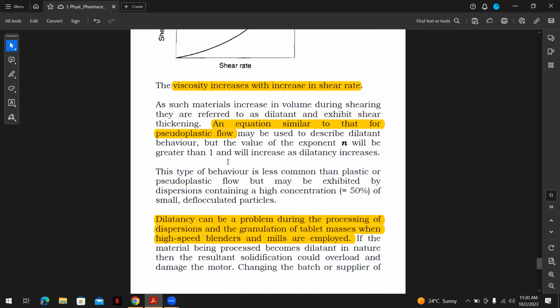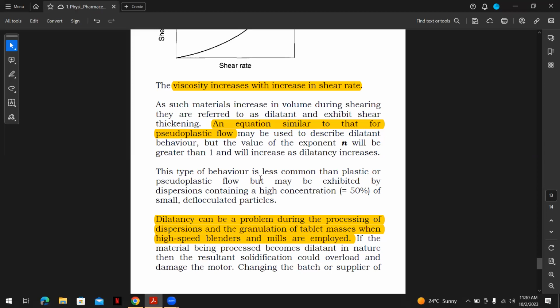In pseudoplastic flow, we said once n is equal to 1, it exhibits Newtonian behavior. But here we are saying the value of the exponent will be greater than 1. And once it's greater than 1, that's dilatancy. And the value n will increase as dilatancy increases.